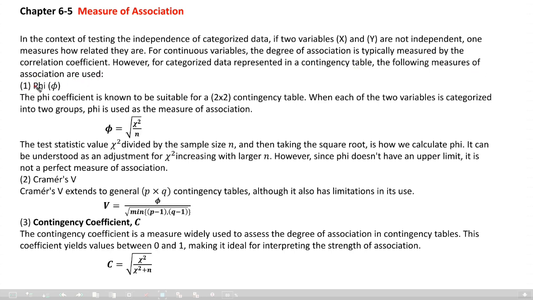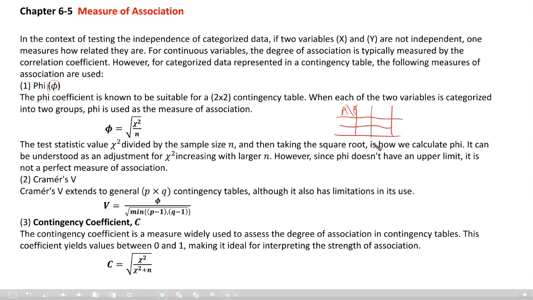One, the simplest one, phi. Phi is a Greek letter. The phi coefficient is known to be suitable for a 2 by 2 simple contingency table. 2 by 2 means A and B are each categorized into only two groups.